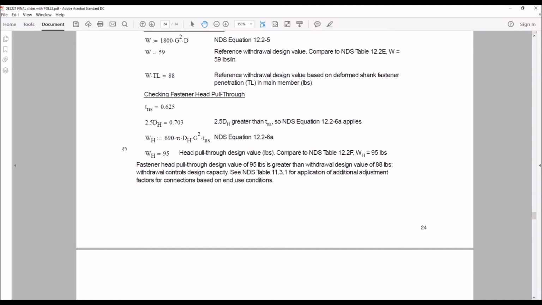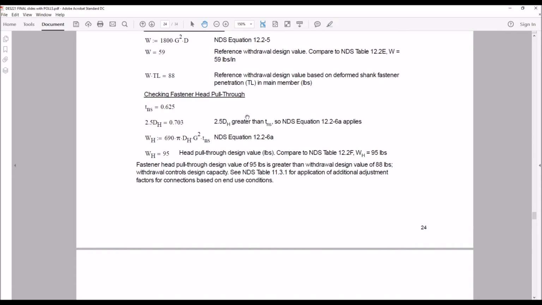We calculate a head pull-through design value of 95 pounds. There is also a tabulated value we can check in table 12.2F. So for this example, our fastener head pull-through of 95 pounds is greater than the withdrawal design value, so that 88 pounds from withdrawal would control this fastener's capacity.